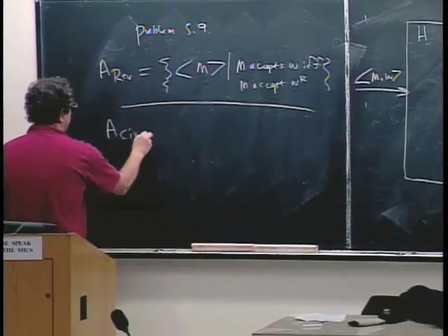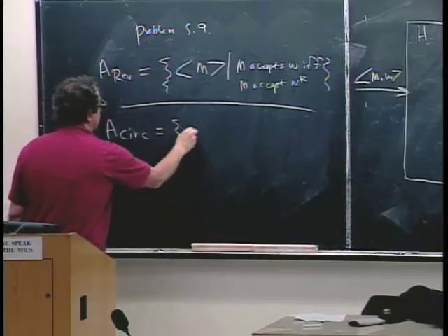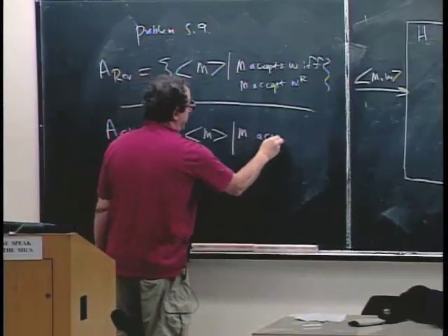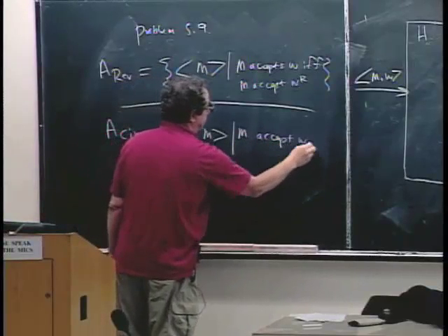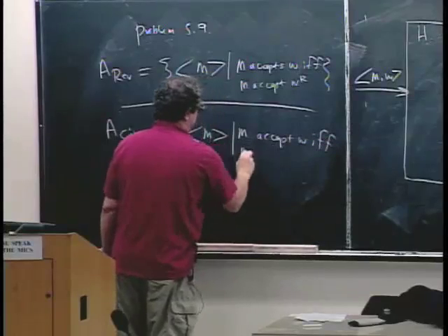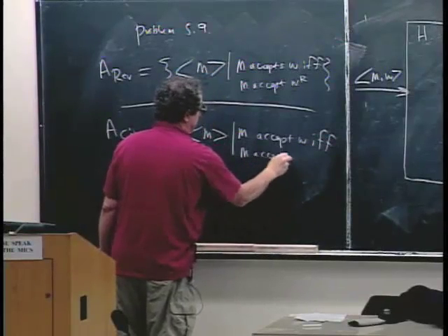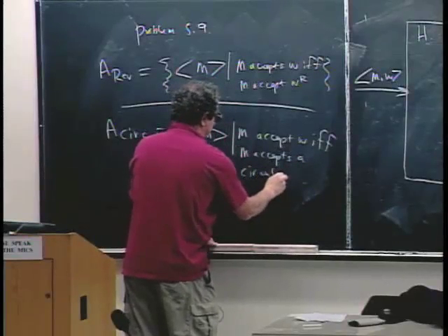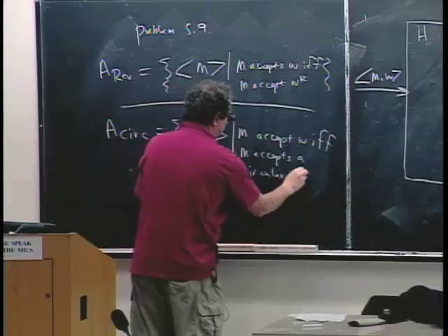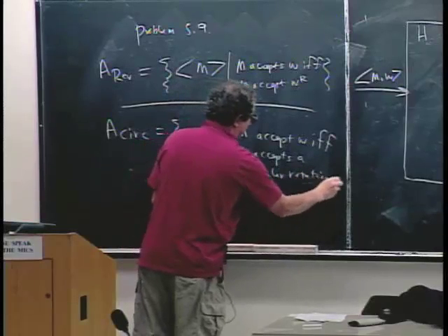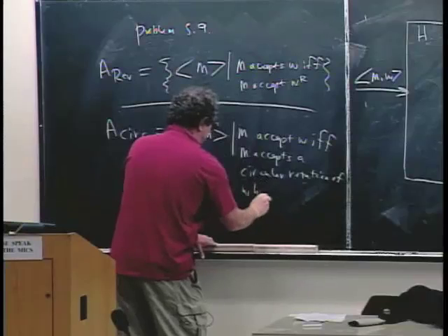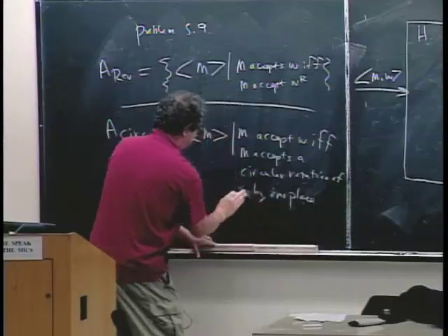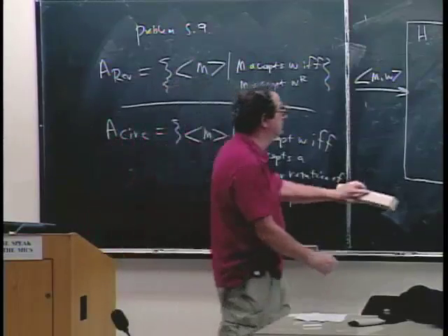A circ: M such that M accepts W if and only if M accepts a circular rotation of W by one place. Okay, what do I mean by a circular rotation?